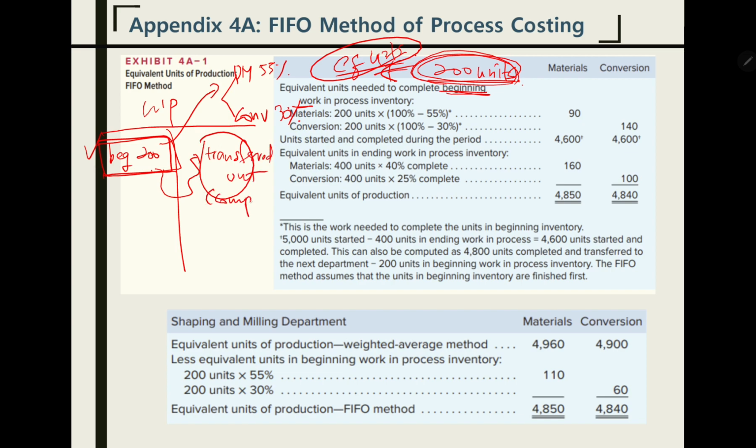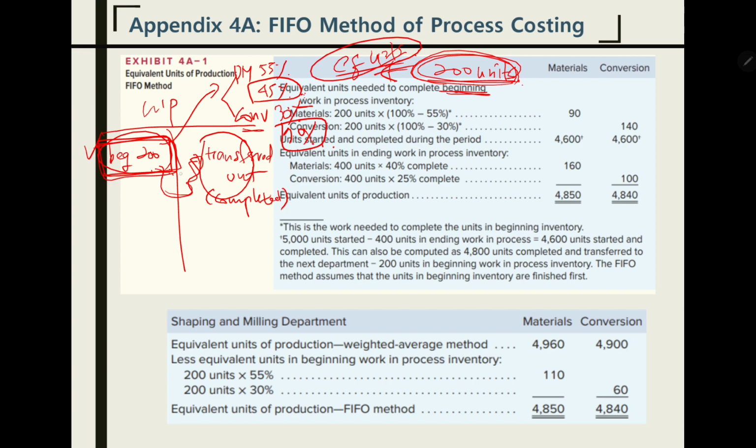To complete this beginning inventory, we should put 45% more direct material, right? And for the conversion, we have to put 70% more effort to complete this beginning inventory as partially completed goods at this process.